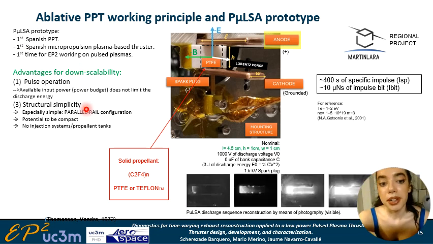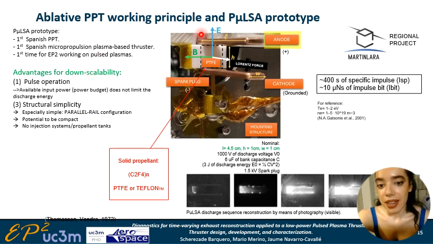With this work, we are presenting the first Spanish PPT, which is also the first plasma-based thruster for micropropulsion in the country, and also the first time for EP2, so working on pulsed plasmas.